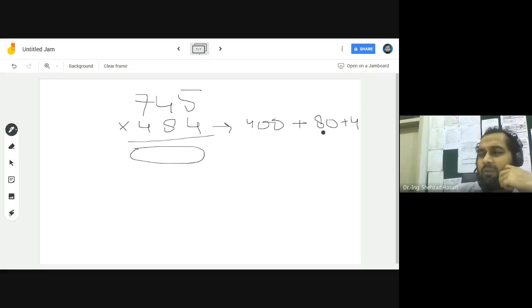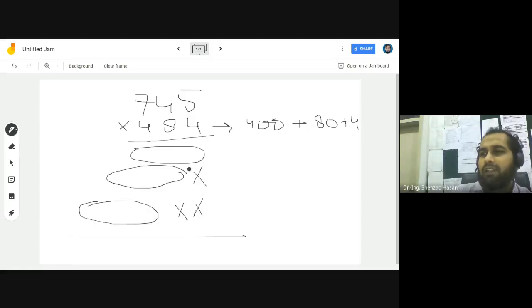If you multiply with 80, you put a cross or a zero over here and get your result of 8 multiplied by that number. When you multiply by 400, it's the same as 4, so you put two crosses or two zeros over here and get your result. And then finally you add all of them. This is how it's done.